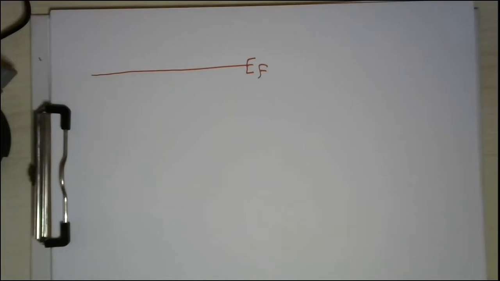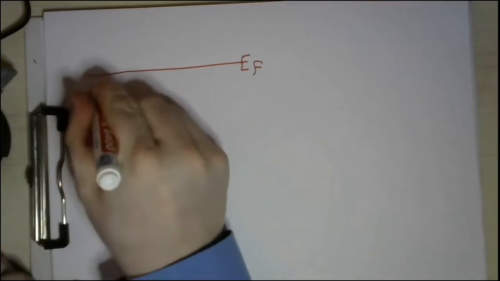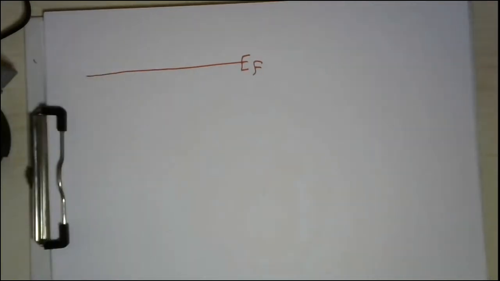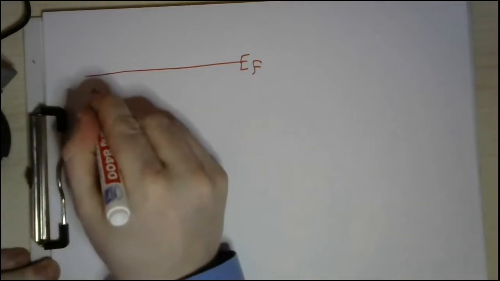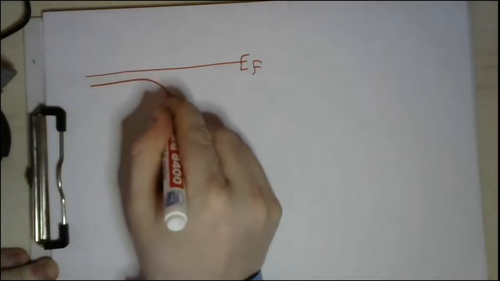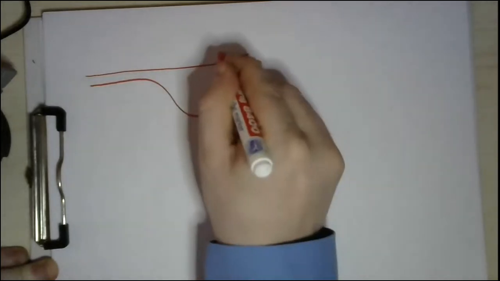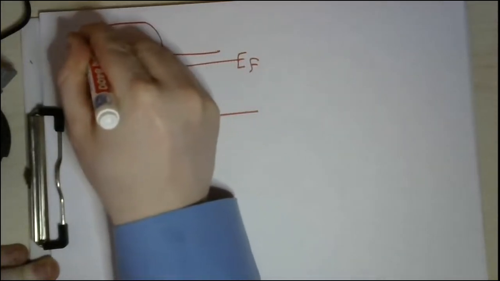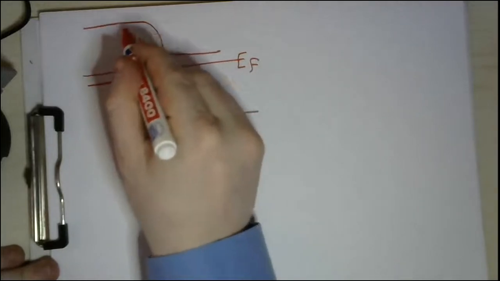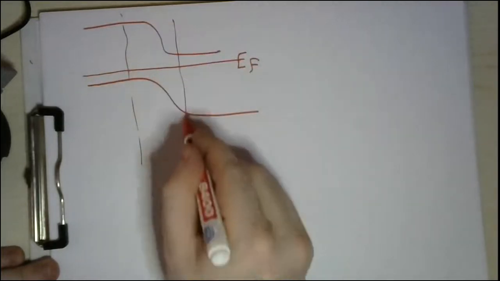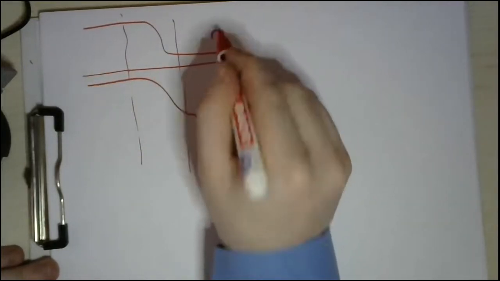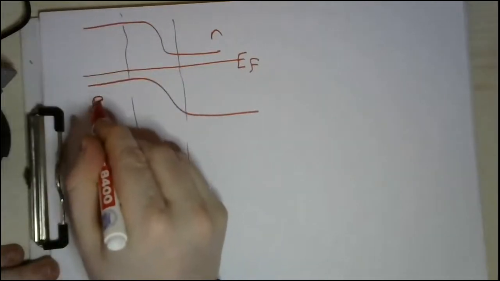And then we start to plot your p-n junction in this way. So this is the N region, and this is the P region.